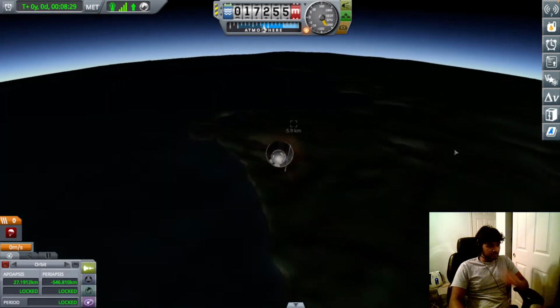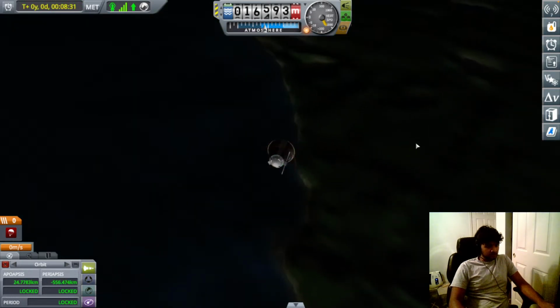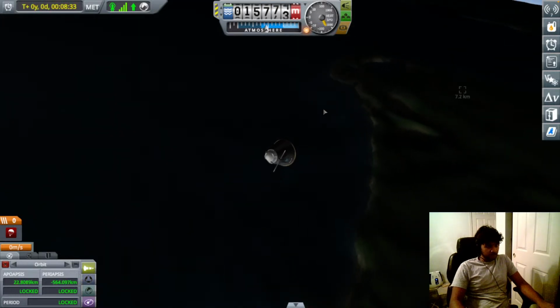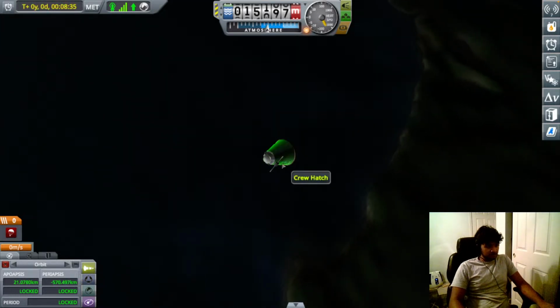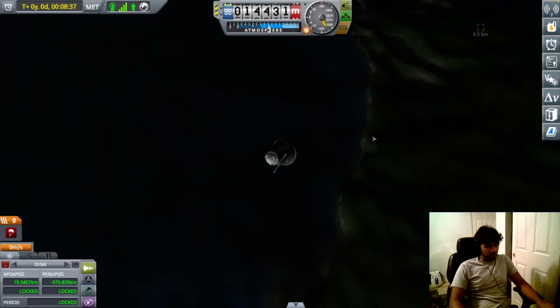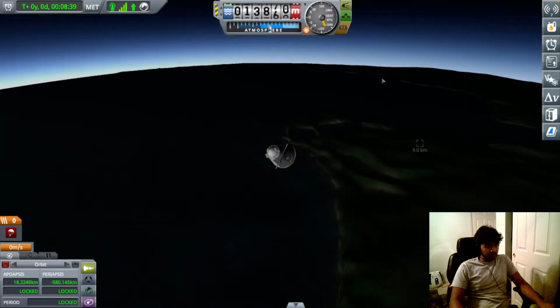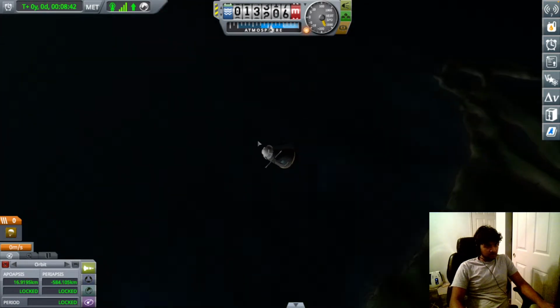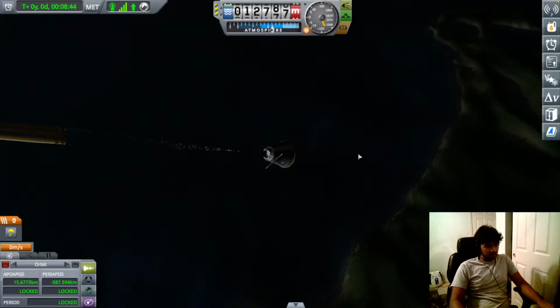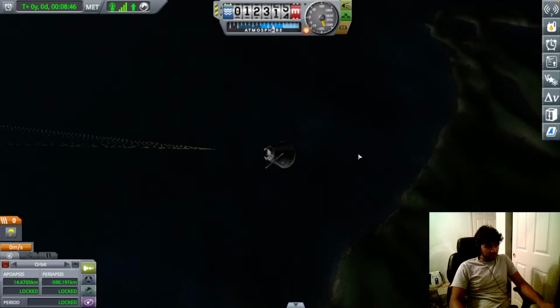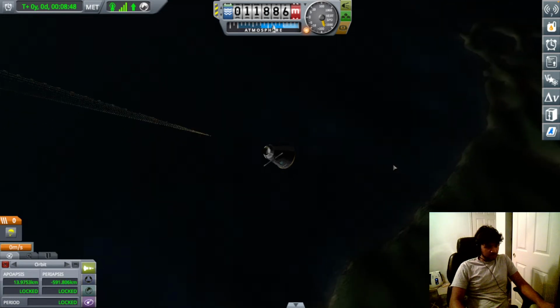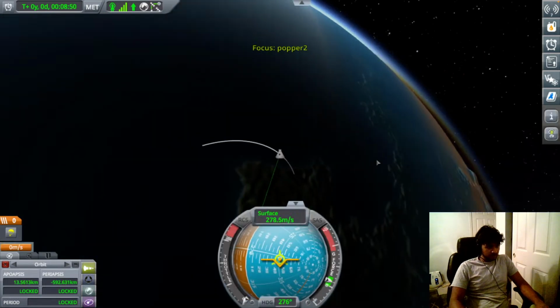Velocity now. Now we are just waiting to deploy our parachutes. It does look like we are not going to have a water landing, unfortunately. Yeah, I do not believe we will slow down fast enough for that.